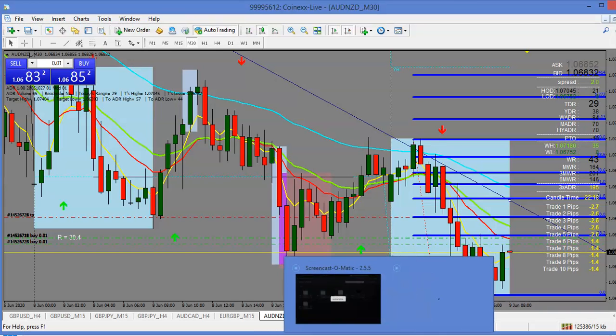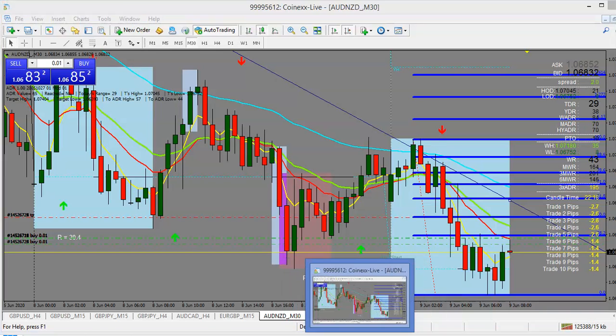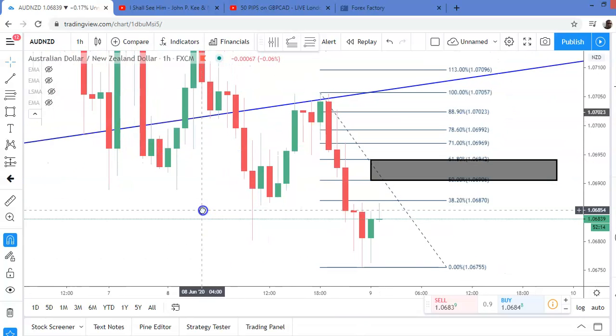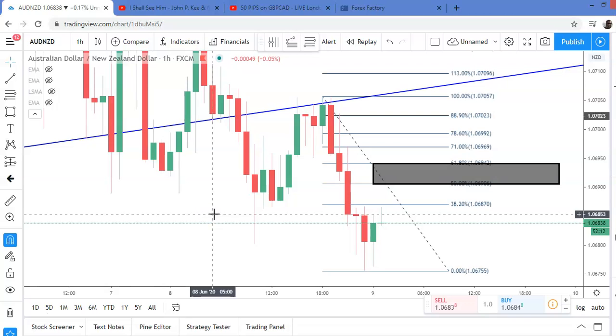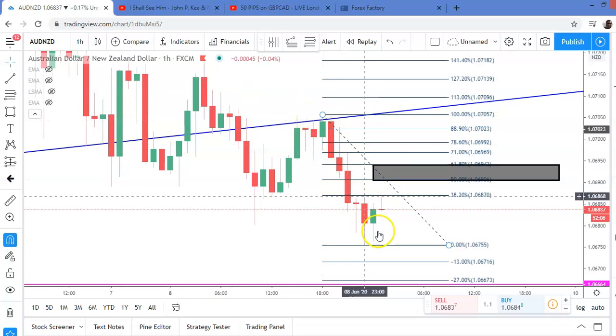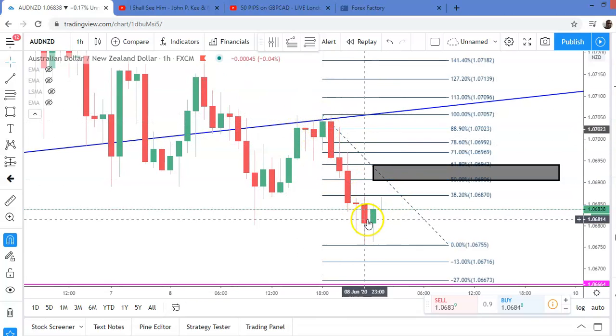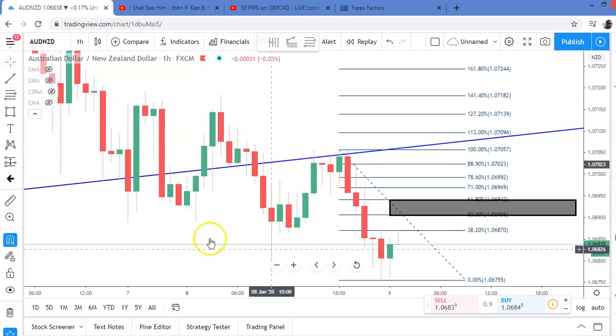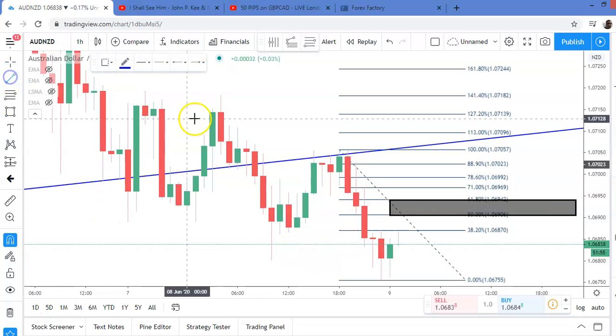So another way to tell or measure when a trade may turn or retrace is to look at what it's done previously in the previous moves and measure that.